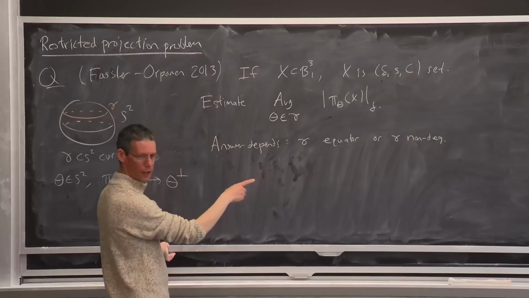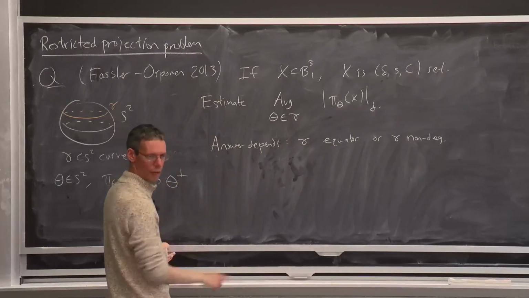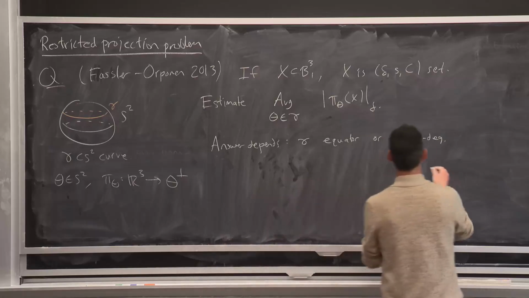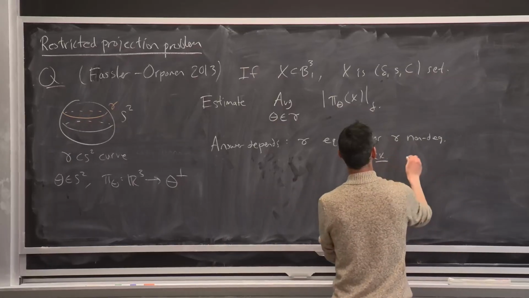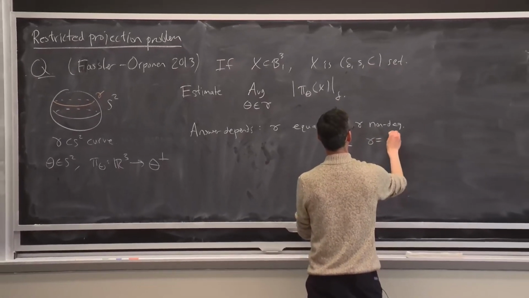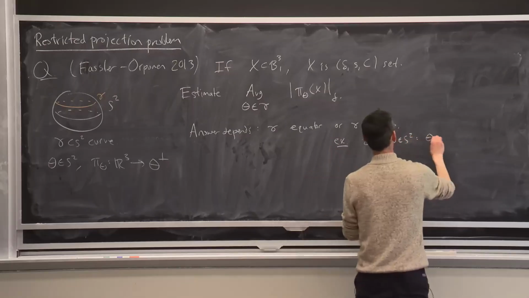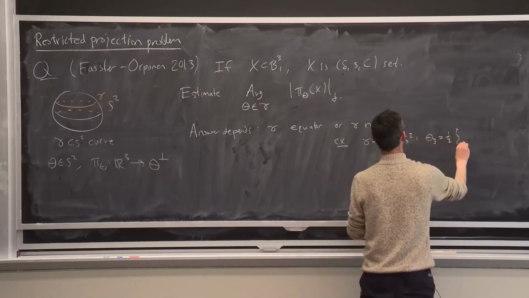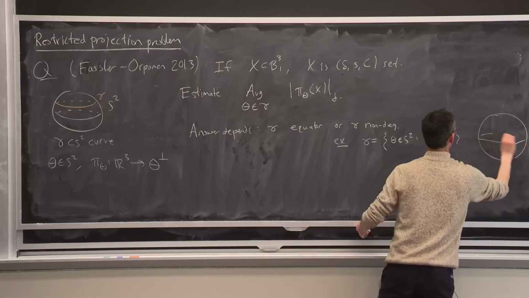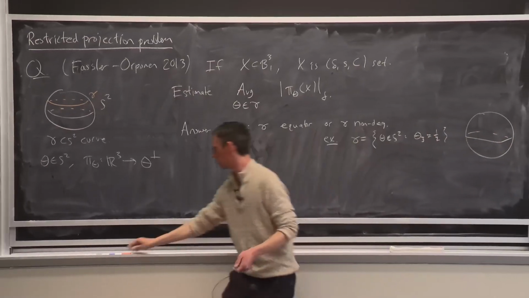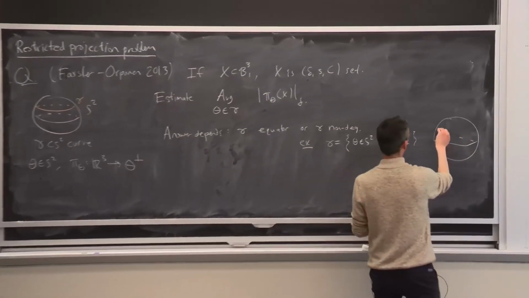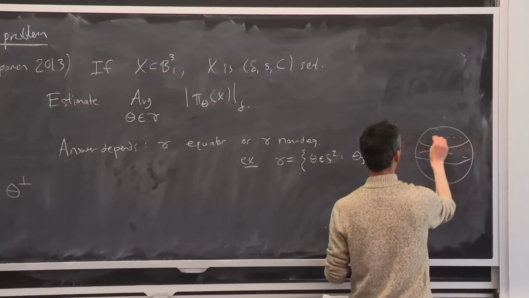Instead of writing the definition of non-degenerate, let me just give you one example of a non-degenerate curve. So an example of a non-degenerate curve is gamma equal to the set of theta in S2 so that the third component of theta is a half. So it looks like the boundary of a spherical cap.